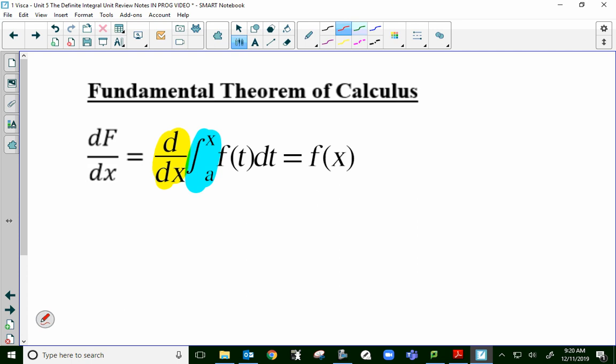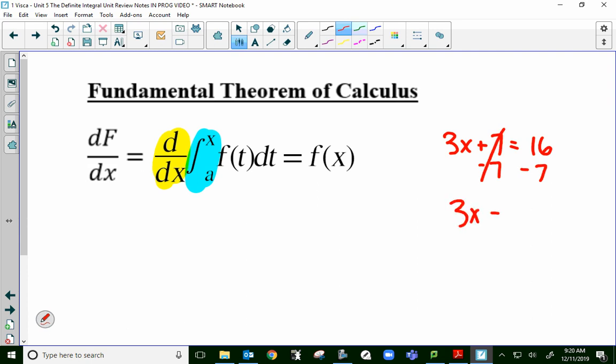Multiplication and division are opposites. Addition and subtraction are opposites. If I'm solving for something, I need to use opposite math, correct? If I have 3x plus 7 equals 16, first I subtract 7 because subtraction is the opposite of addition.